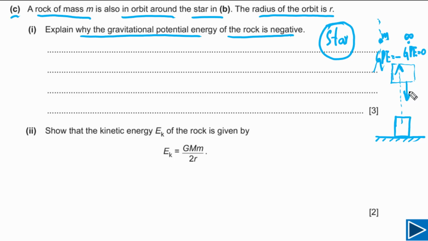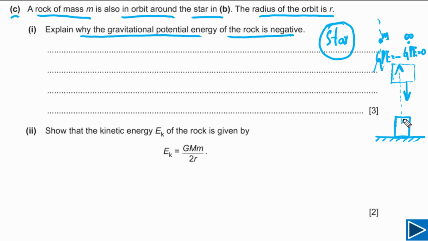So the gravitational potential energy will decrease. But in this case, we are assuming that the maximum gravitational potential energy is at infinity, and that is taken as equal to 0. So between the star and infinity, gravitational potential energy has to be lower than GPE at infinity. So the only possibility is that it has to be negative.